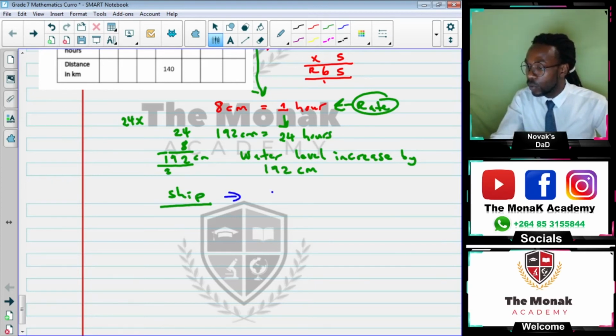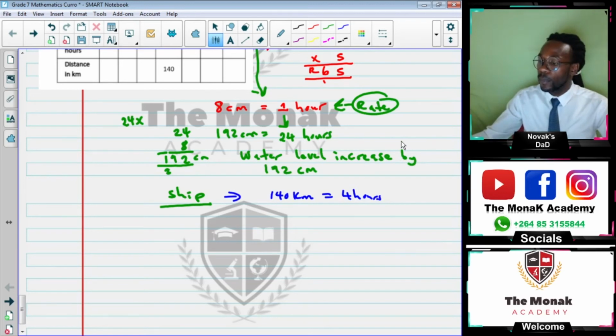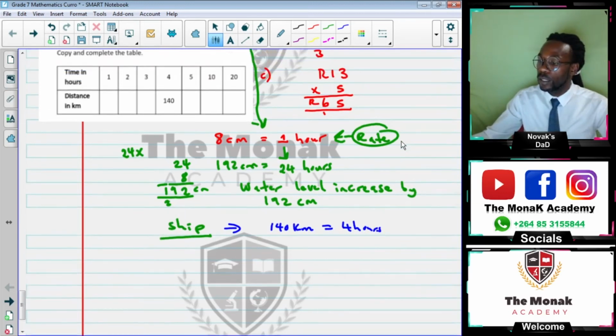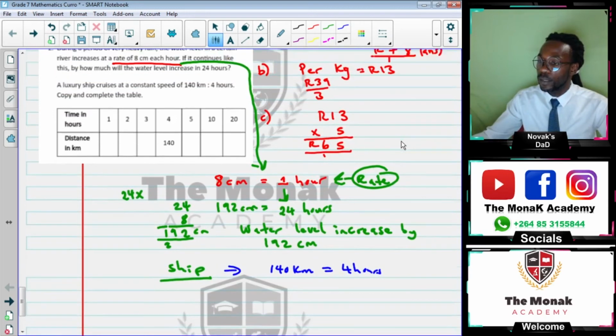It cruises at 140 kilometers every 4 hours. It takes 4 hours to cover 140 kilometers.